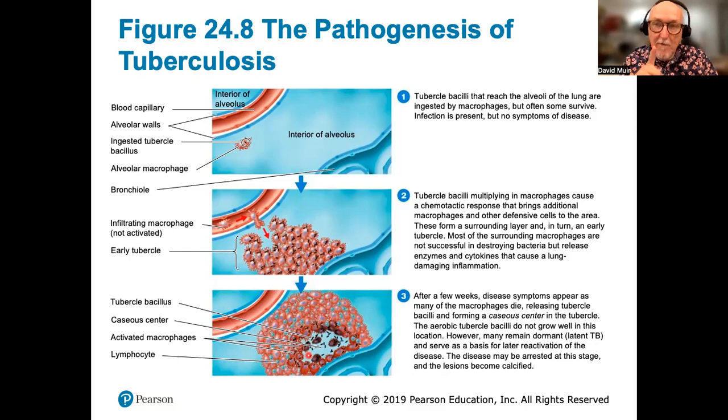Now, this is not full-blown disease, but the tuberculosis bacterium is actually quite a toxic bacterium. It releases toxins which go into circulation, and the person may indeed begin to feel symptoms even at this stage with a small center of infection.